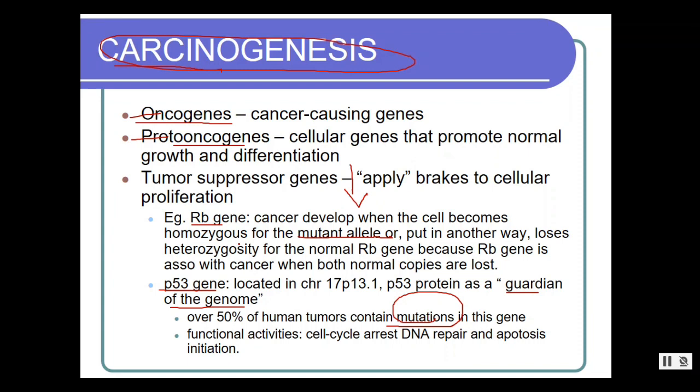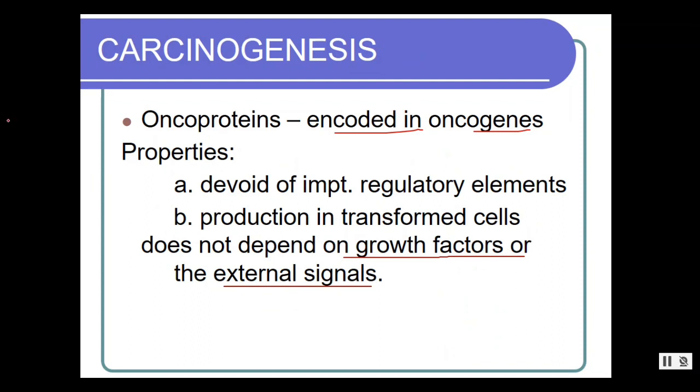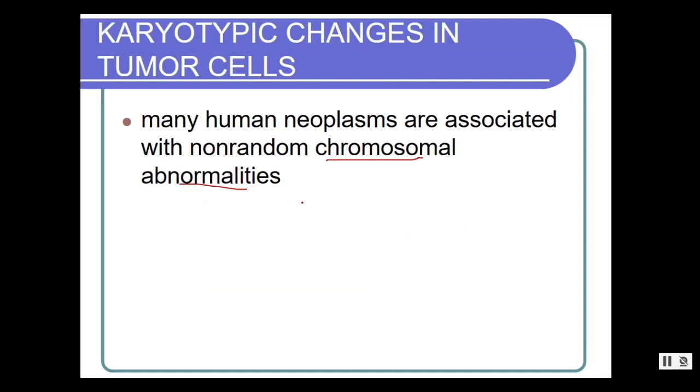That's when tumor happens. Now, the problem with oncoproteins is that they are devoid of regulatory elements, so they can multiply as long as they want. They're very autonomous, and they do not depend on growth factors or external signals. They just grow continuously. That's the problem of oncoproteins.